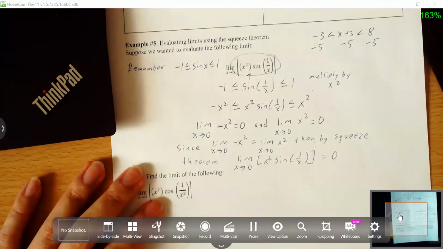So that's how we can apply the Squeeze theorem.